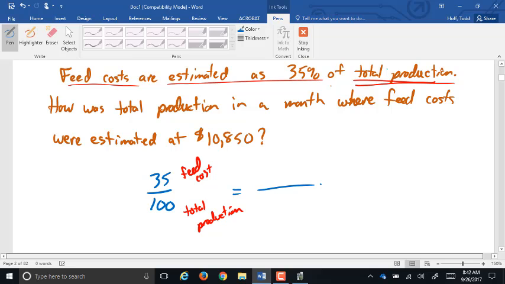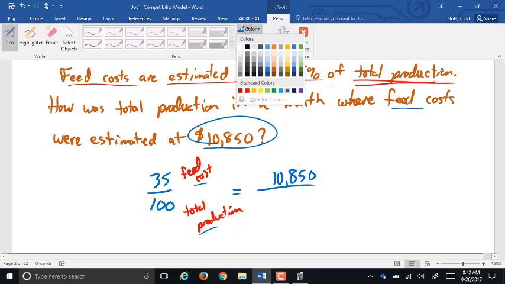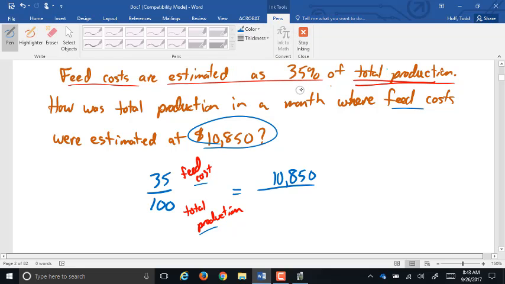So on the other side, we have the 10,850, and trying to figure out where that goes, we can match it up. Does that represent the feed cost or the total production? Feed cost. Perfect. So that 10,850 has to go on top, and then we cross multiply and divide to find the total production on bottom. So 100 times 10,850 is 1,085,000.